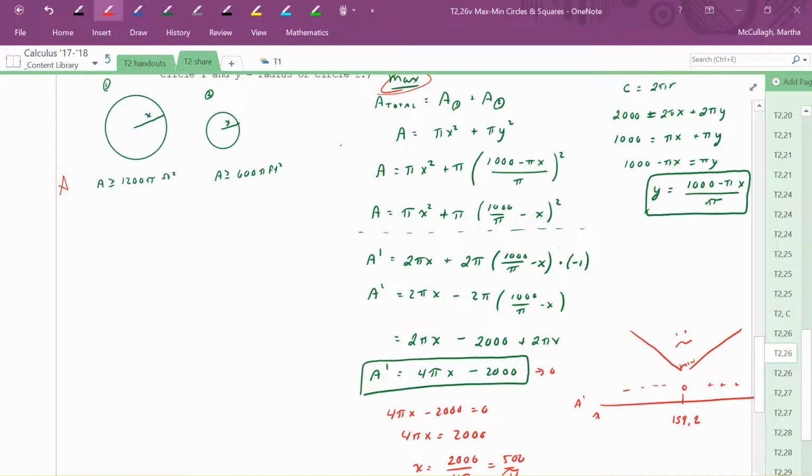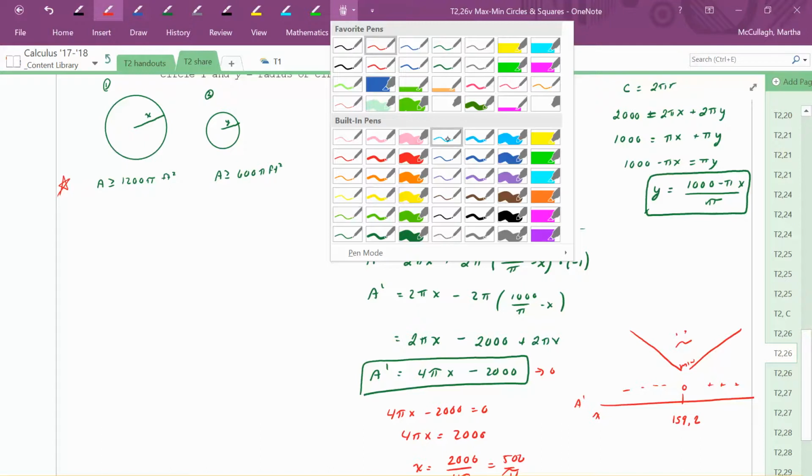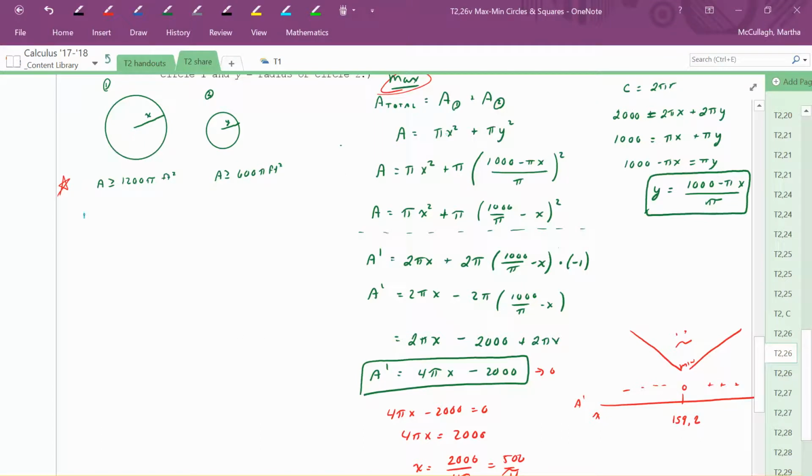So we're going to come back over here to our restrictions. And we're told that the area of our first circle has to be greater than or equal to 1,200 pi. Well, that tells us that pi x squared has to be greater than or equal to 1,200 pi, and pi y squared has to be greater than or equal to 600 pi.